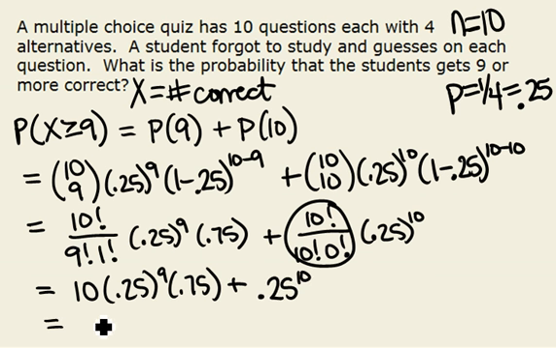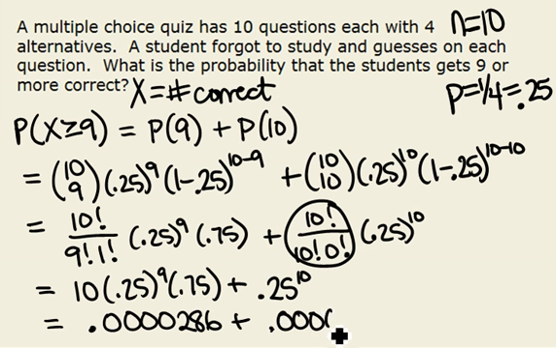The first probability is very small, and what we have for that one is 0.0000286. 0.25 to the 10 is even smaller, and that one is 0.000000 with 6 zeros, and then trailing off with a 95.